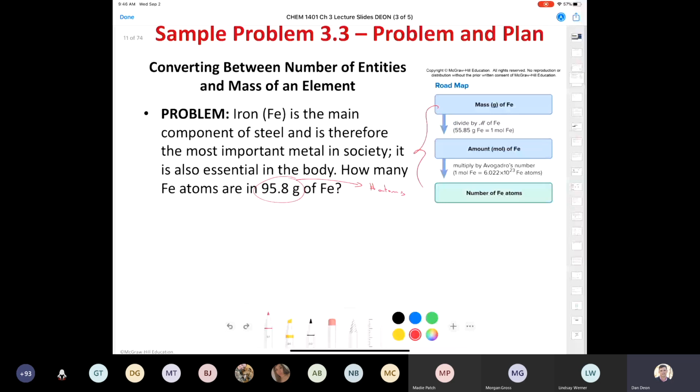So we're going to start with 95.8 grams of iron, and we're going to multiply that by this conversion factor, the molar mass of iron. So 1 mole of iron has 55.85 grams of iron, and of course I got that from the periodic table. Again, you can see that the units are canceling out. But if we were to stop right here and I put an equal sign, I would end up with moles of iron. I want the number of atoms of iron.